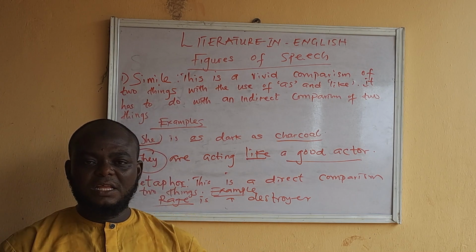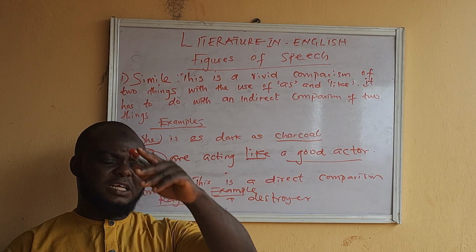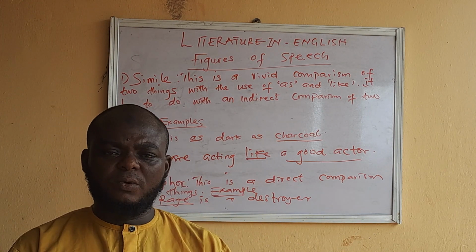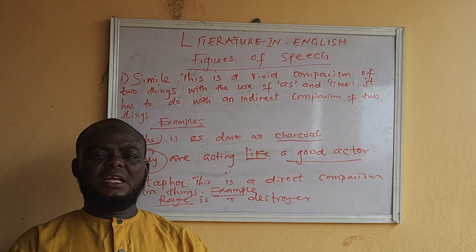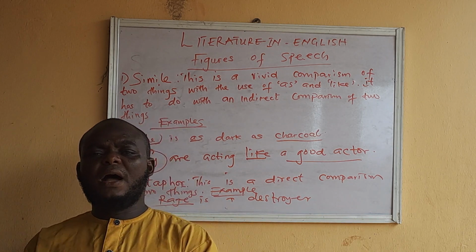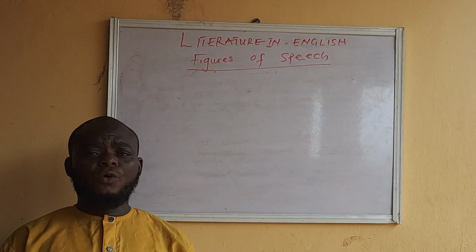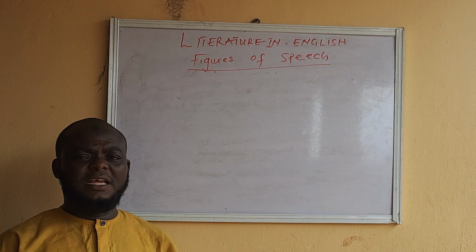So that is simile and metaphor. When we are talking about simile and metaphor in literary work, we mean two opposite words. One is a direct comparison, the other one is an indirect comparison. Simile is an indirect comparison, while metaphor is a direct comparison. So that is the difference between simile and metaphor.